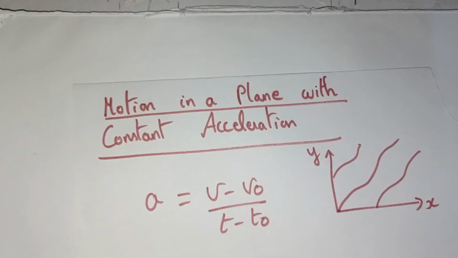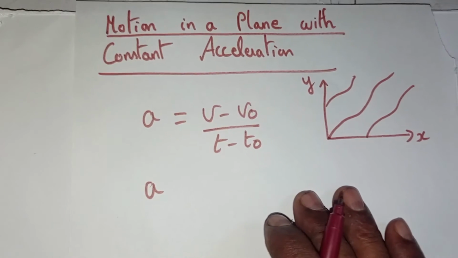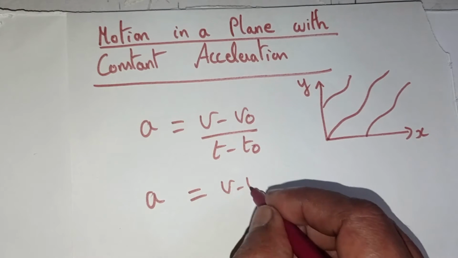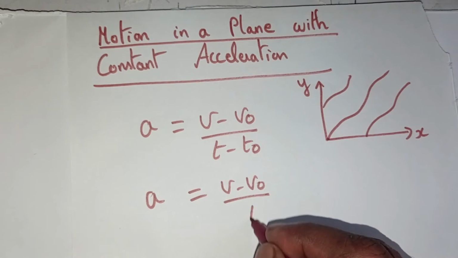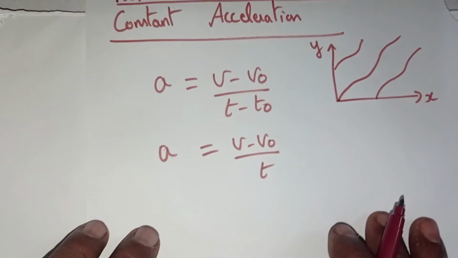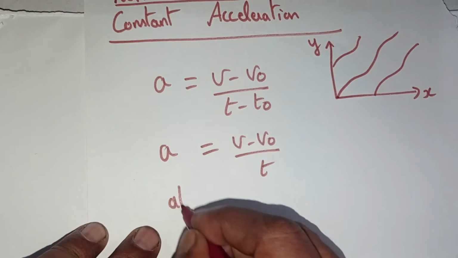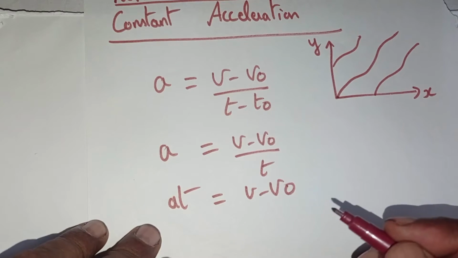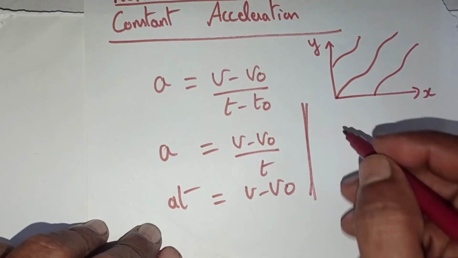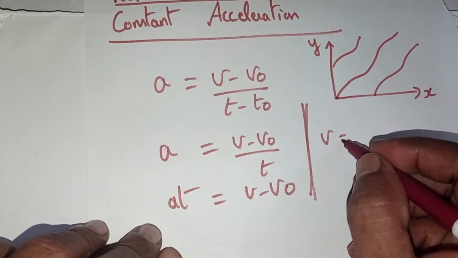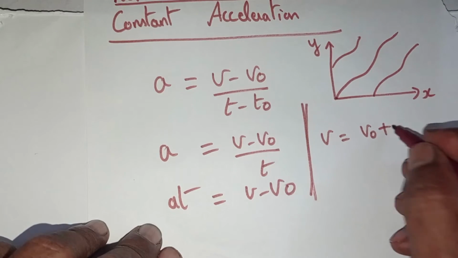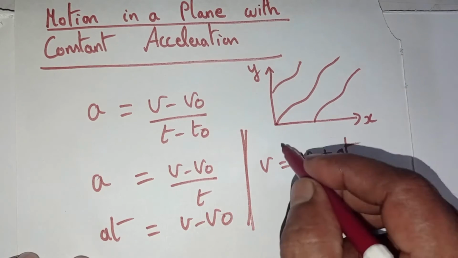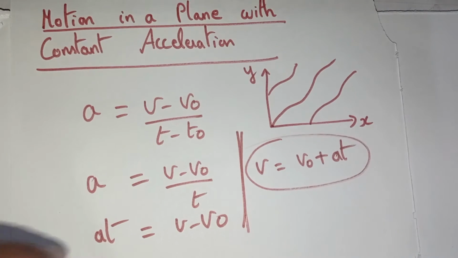Therefore acceleration is equal to v minus v naught by t. Now if you cross multiply, you will get at is equal to v minus v naught. Now this will give you v is equal to v naught plus at. Okay, this is the equation we have to remember.